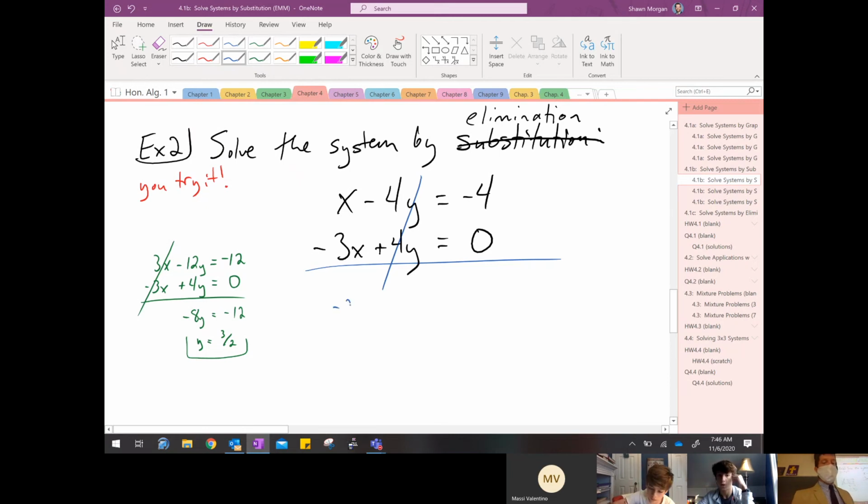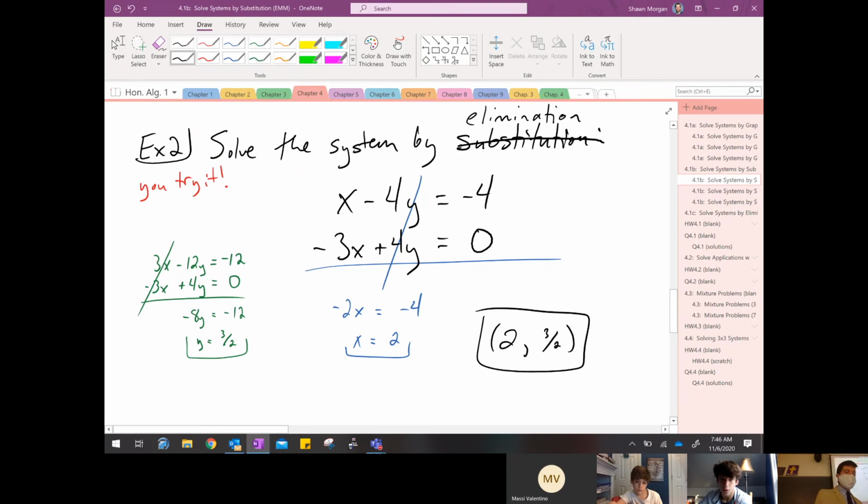What do we get? Negative 2x equals negative 4. Divide both sides by negative 2, and we get x equals 2. There's my answer: 2, 3/2. And we're done.